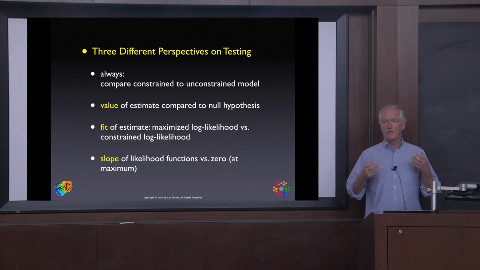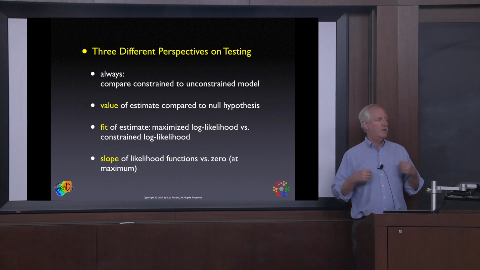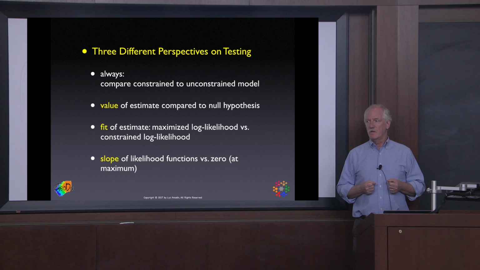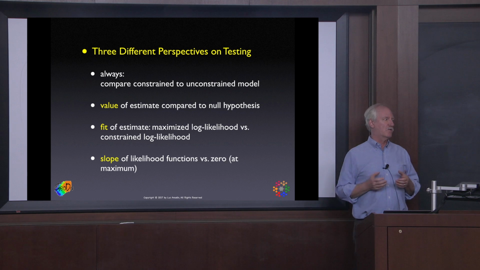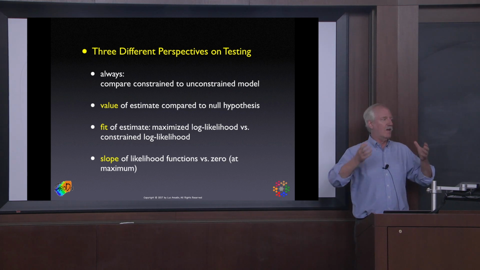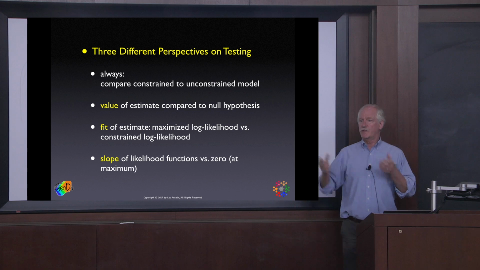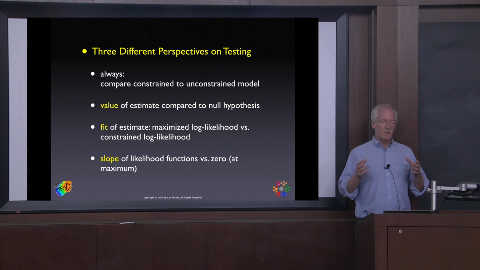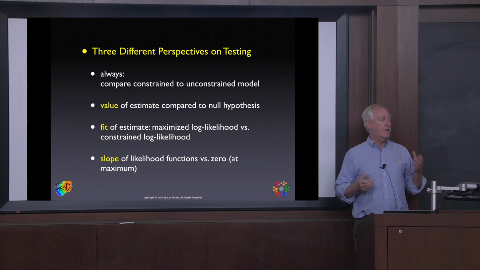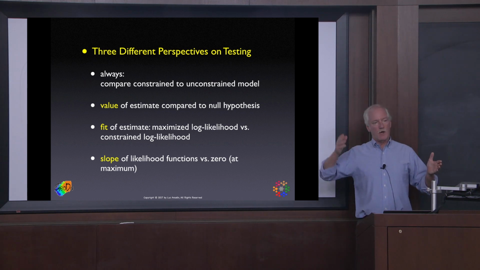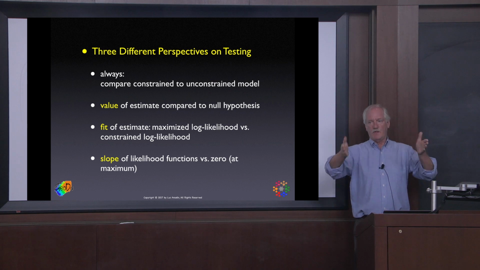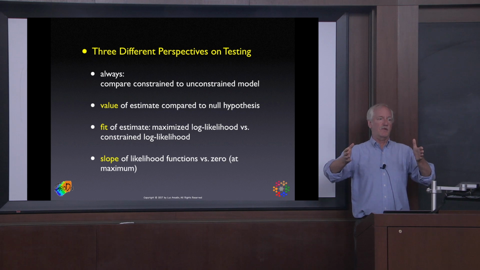One way is to look at the estimate itself. So you estimate the model and you get 10. Then the question is, how different is 10 from 0? And you can't tell unless you know what the standard errors are. The other way is to say, here's my model with the constraint, my model without the constraint. How do they fit the data? And if the fit is different enough, then we reject the constraint.